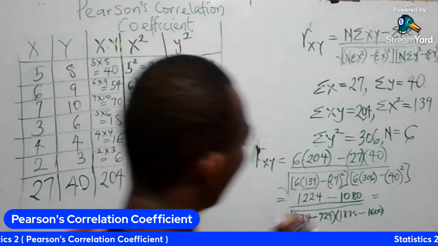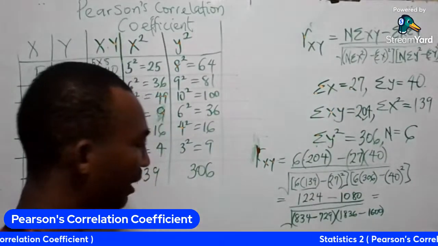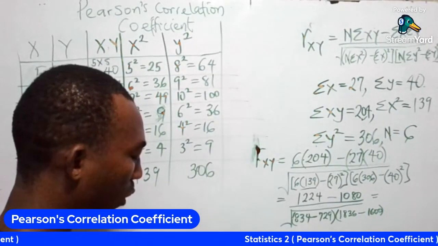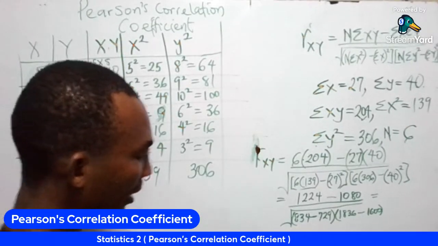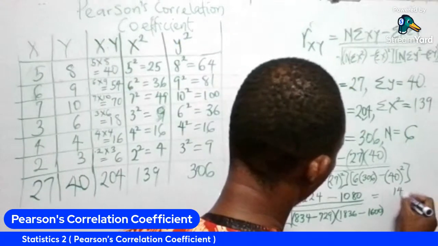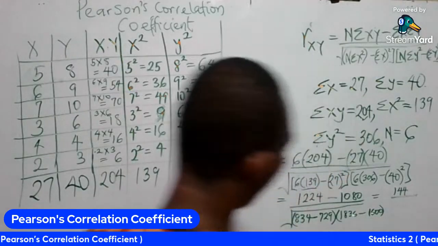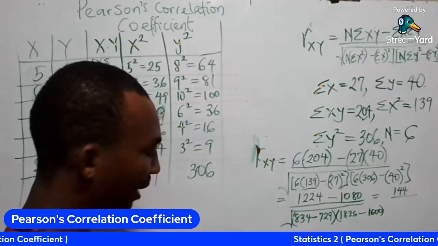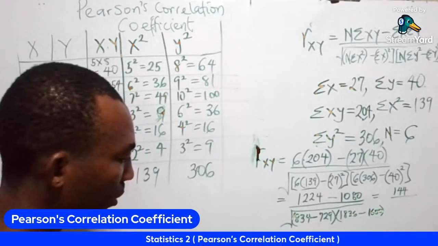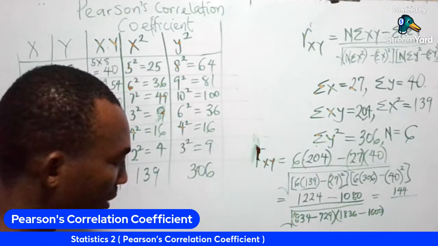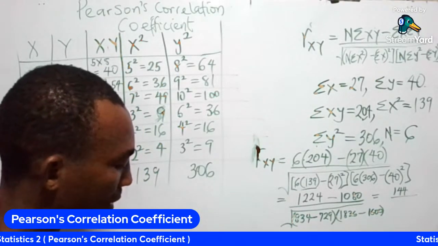So at this juncture now, I can finish everything here. I have 1,224 minus 1,080, and that will give me 144. Everything divided by, let's get everything inside this first bracket. That's 834 minus 729.